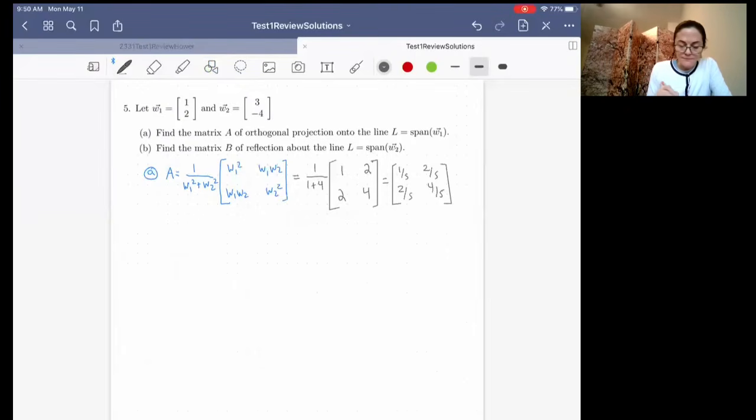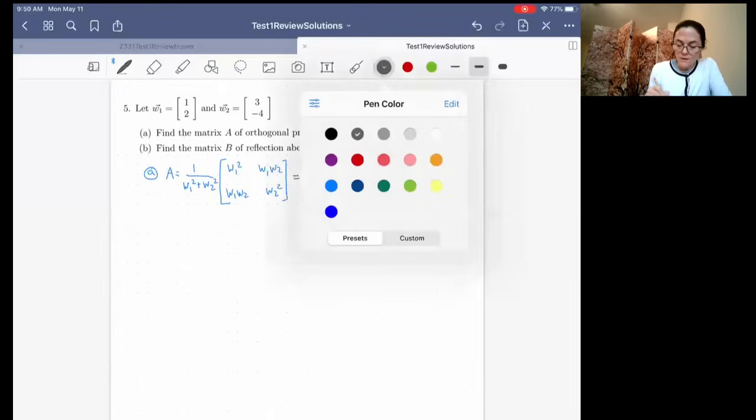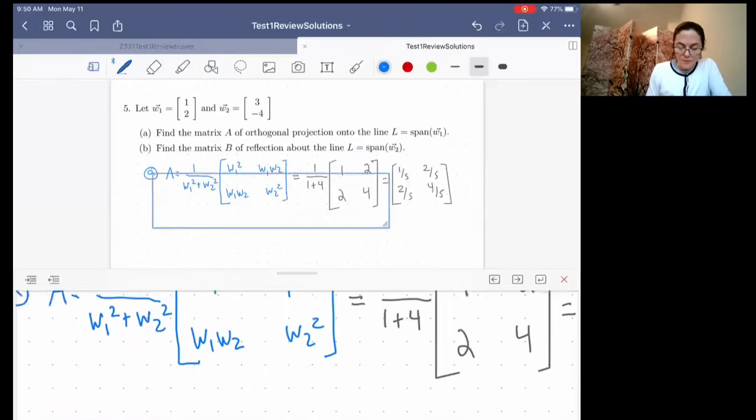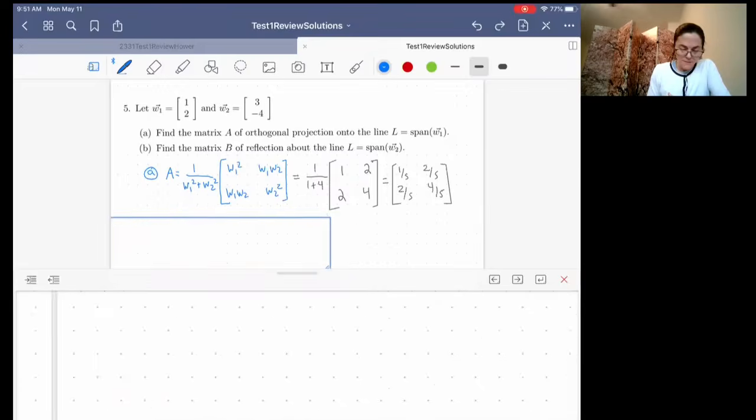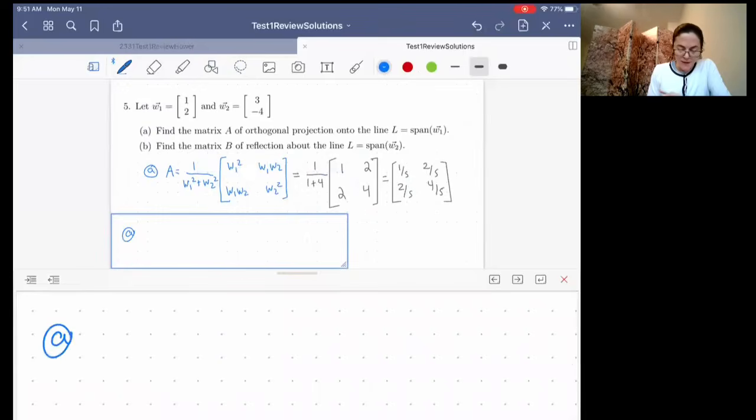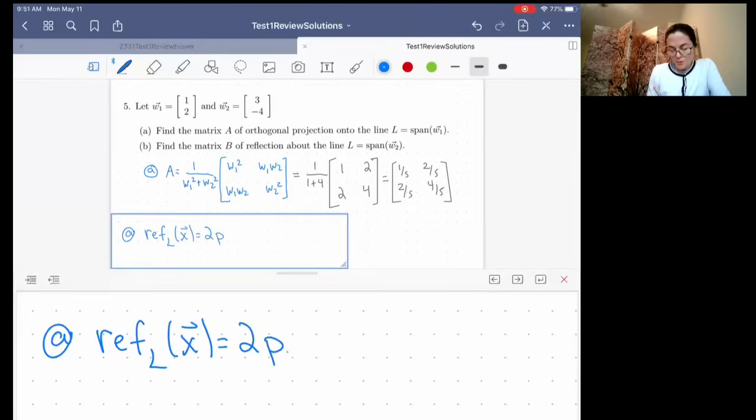Okay, now B. There's also, or similarly, a few ways that you can do B. If I'm not projecting onto the line first and finding that matrix, the way I would remember it, so the formula for reflection of some vector x, is 2 times the projection, or this is one way to write it.